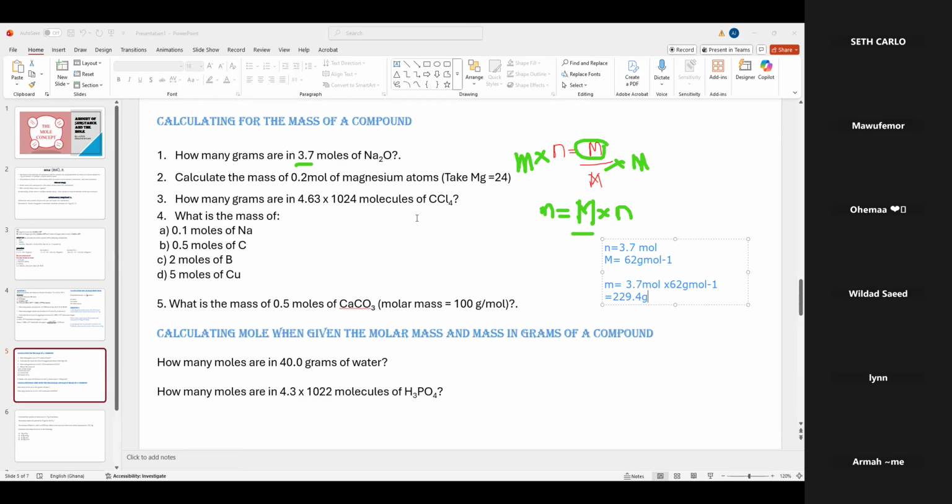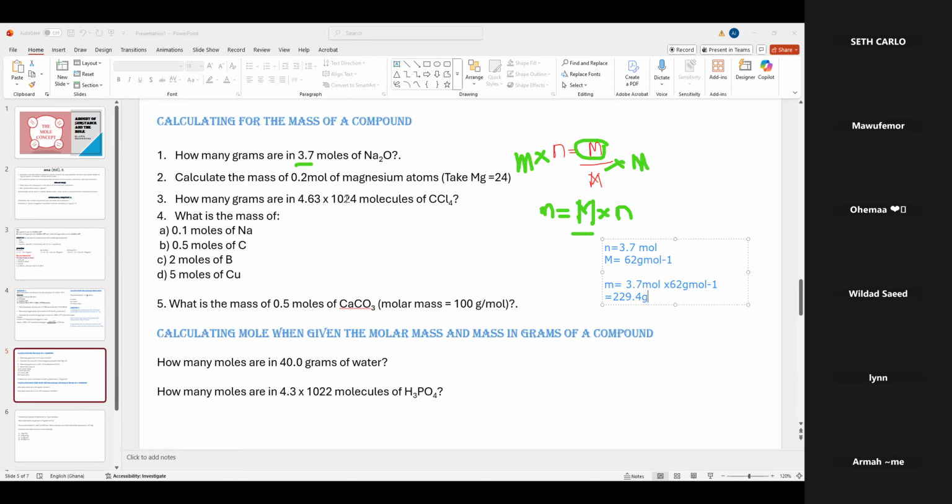So, let's do question 3, question 4, and question 5. Kindly write these questions, and then we have few minutes left for the meeting to end. So please write these questions, and then we'll work on them as assignment. Try your hands on these questions as assignment, so that the very next time we meet for this same class, we'll attend to them. Okay?